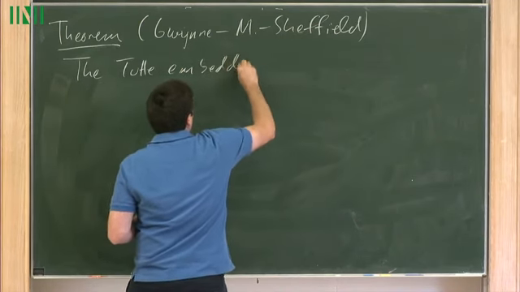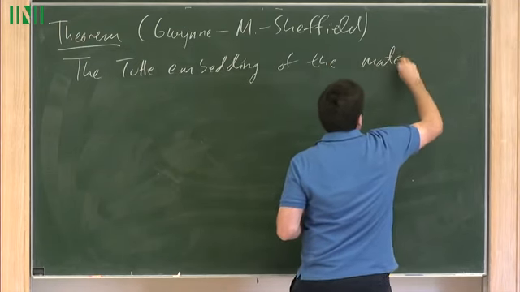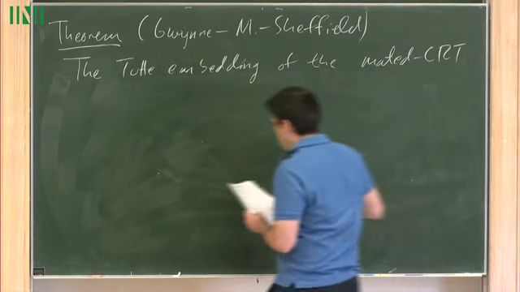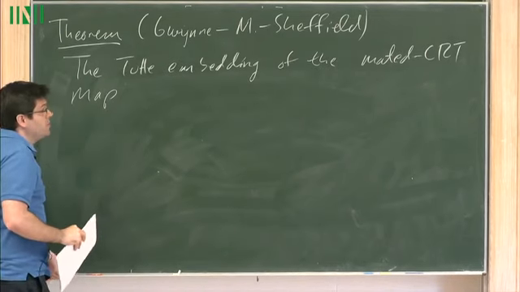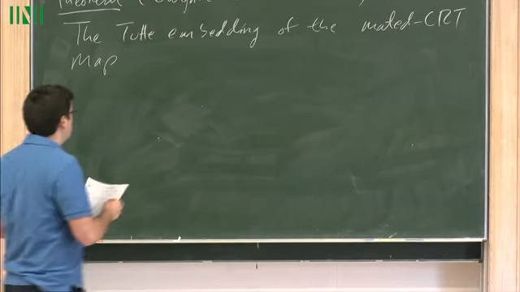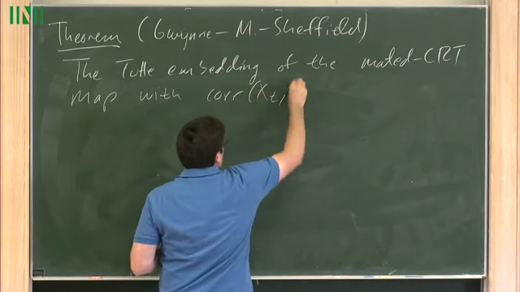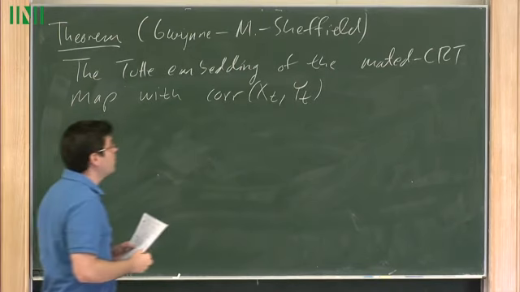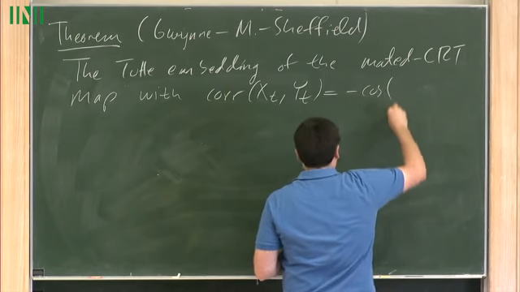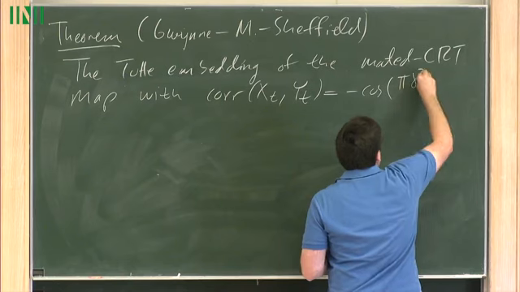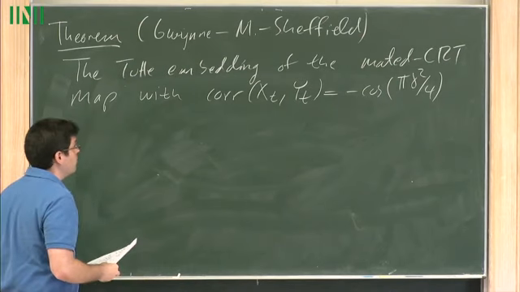of the mated CRT map, and here, whenever you talk about the mated CRT map, there's always a parameter which is floating around. In this case, I'm going to assume that my parameter, which describes the correlation between the two coordinates of the encoding Brownian motion, is minus the cosine of pi gamma squared over 4, where gamma is the Liouville quantum gravity parameter.